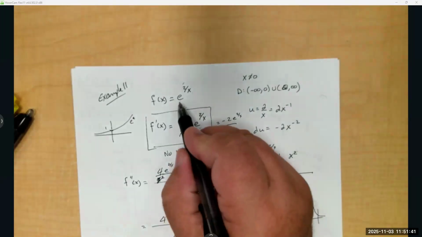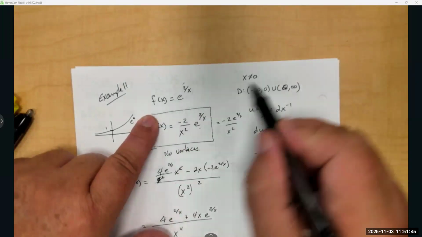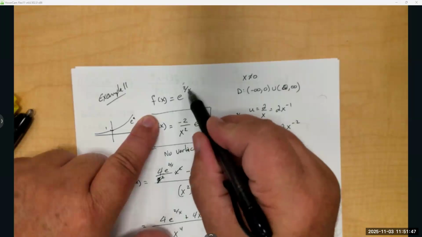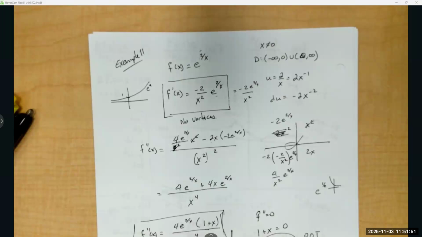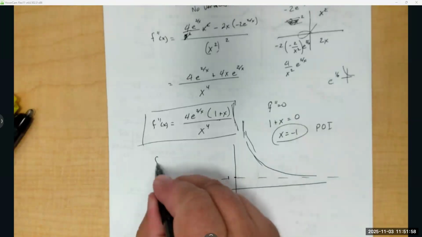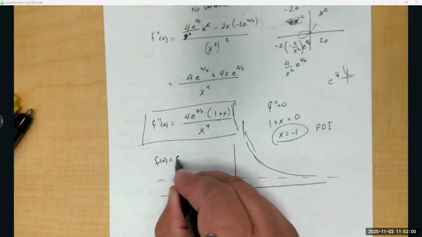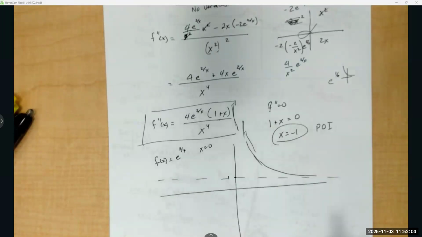Okay, so in our values here, we have a horizontal asymptote. Since x cannot equal 0, in other words, it cannot cross 1. It cannot cross 1 because our original function is e to the power 2 over x, and x can never equal 0.